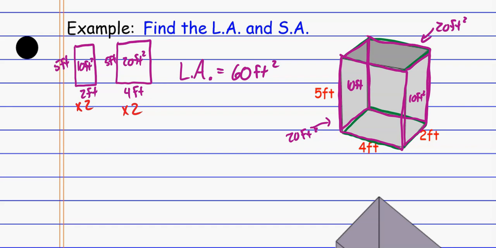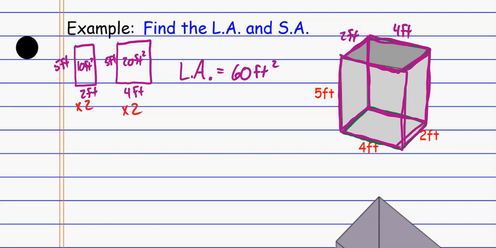Okay? Then for the surface area, all I need now is the area of the bases. And once again, just like with my lateral area, I had some pieces that were the same. Well, the bases are always going to be the same. Okay? And so if I look at this top piece, the top piece on this thing is a 2 foot by 4 foot piece. Well, the bottom of this thing is going to be the same, okay?